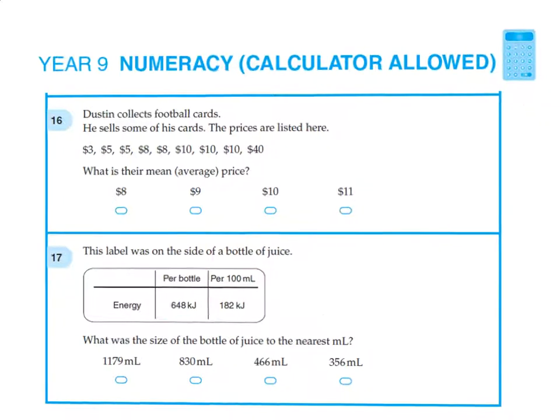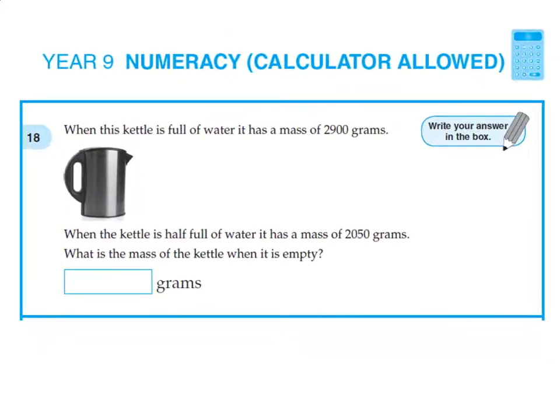Okay? Next one. So now, when this kettle is full of water, it has a mass of 2,900 grams. So 2,900 grams when it's full. Okay? When the kettle is half full, the water has a mass of 2,050 grams. What is the mass of the kettle when it is empty?